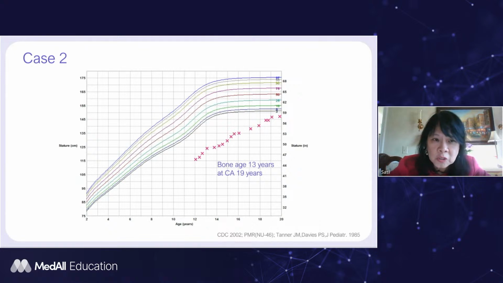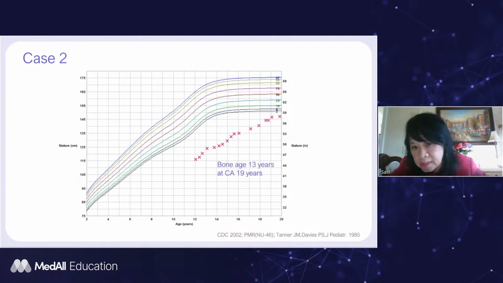So back to case 2, who had growth hormone deficiency due to craniopharyngioma. You can see that when she presented, she had significant short stature, and then after receiving growth hormone, her height increased. But unfortunately, she had a recurrence of her craniopharyngioma, and we had to stop growth hormone. So from about age 13, her height plateaued because we stopped growth hormone briefly during her tumor recurrence, and then she restarted growth hormone again with increased growth.